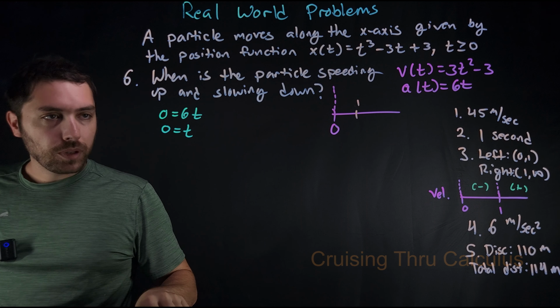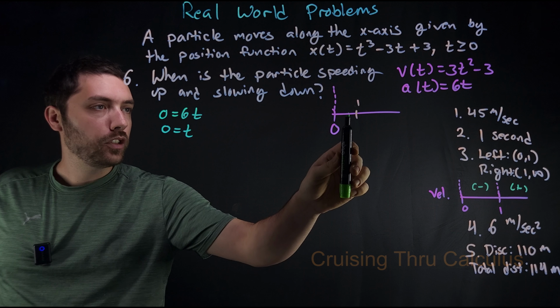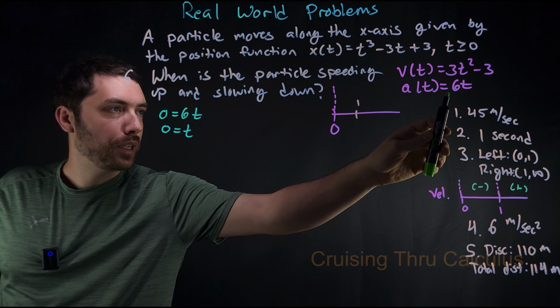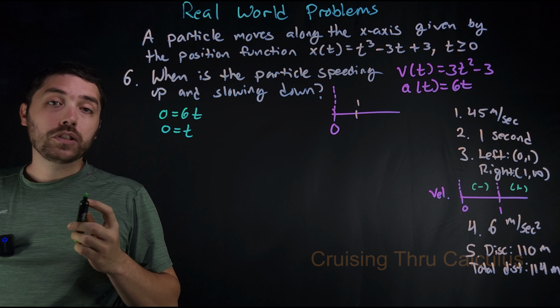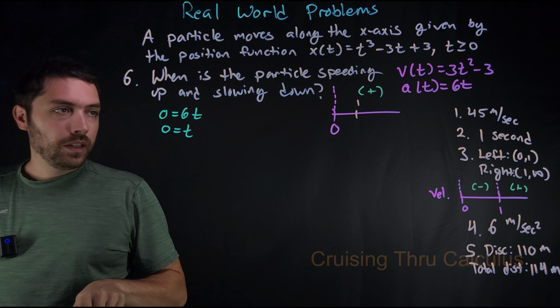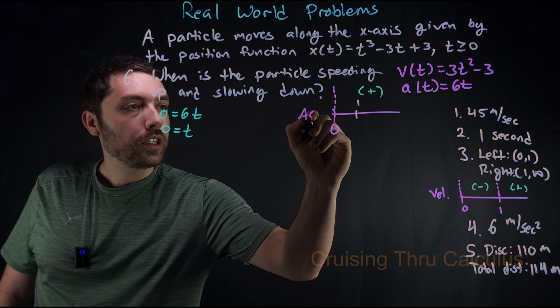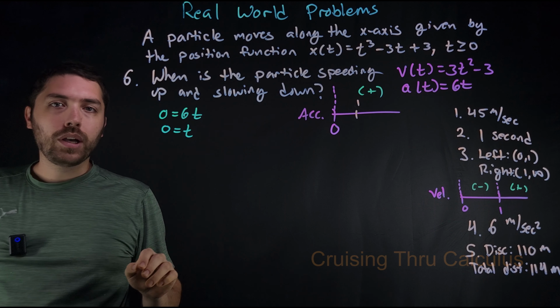Let's take that number and plug it back into our acceleration equation. This is pretty easy. If you take any number over here and multiply it here, like 1 times 6, we're going to get 6, which is a positive answer. So, in other words, our acceleration appears to be always accelerating from t equals 0 onward.